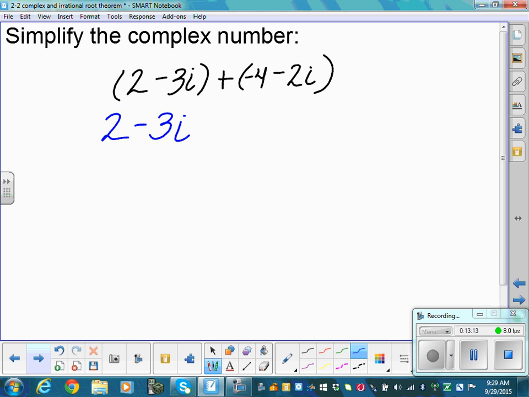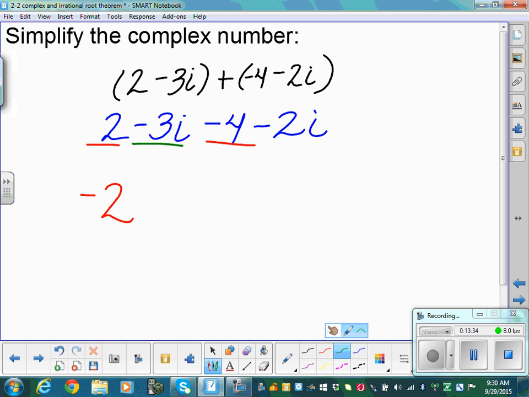So then we have plus -4, so -4 and then -2i. I just threw off the parentheses and now I'm going to combine like terms. So I have 2 minus 4, -2. And then I have -3i's minus 2i's.